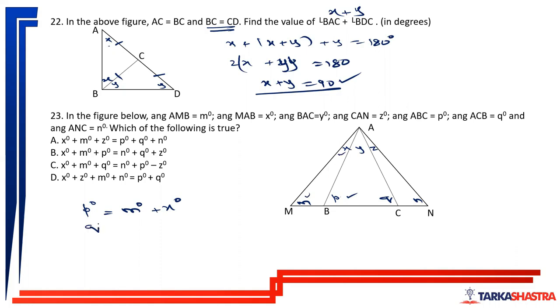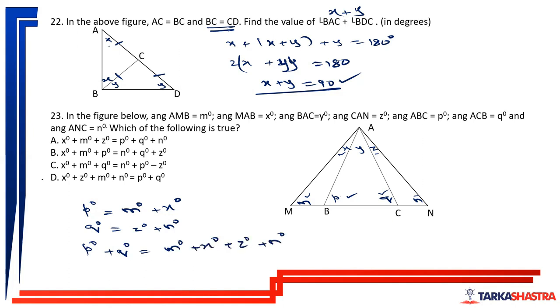Also, q degrees will be equal to z degrees plus n degrees. Yes or no? Why? Because the exterior angle is equal to the sum of the two opposite interior angles. If I add it, p degrees plus q degrees will be equal to m degrees plus x degrees plus z degrees plus n degrees.